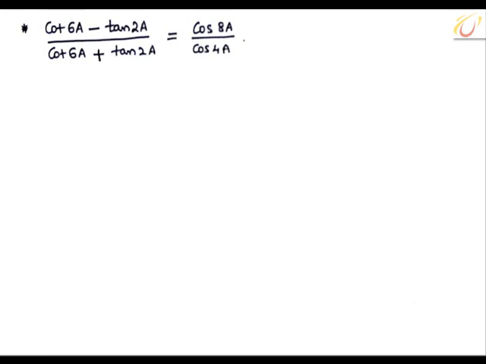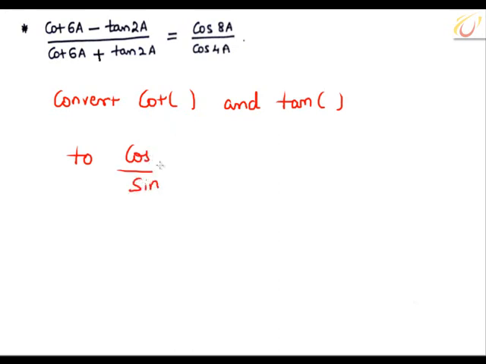The hint that I will give you is: convert cot and tan of whatever angle to cos upon sine and sine upon cos. Once you do that, the sum will become solvable. Please try it. Hope you got the sum.